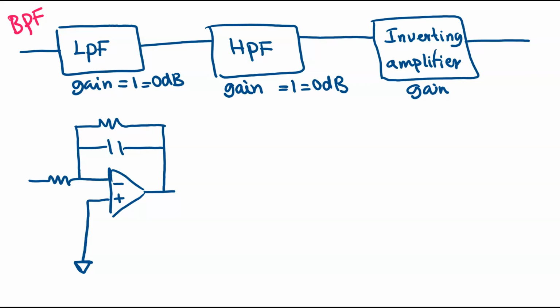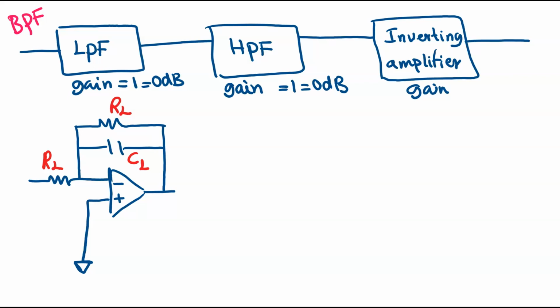In order to have a gain equal to 1, they should be exactly the same, so I'm going to call them both RL. I have to use the exact same values for the resistors. And let's assume that the value of my capacitor is CL. I'm using L to show that these are the parameters of my low-pass filter.